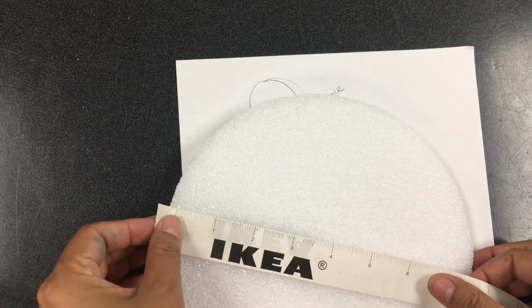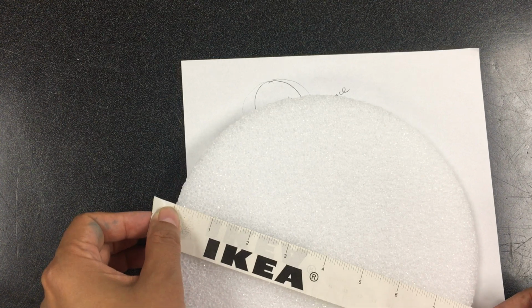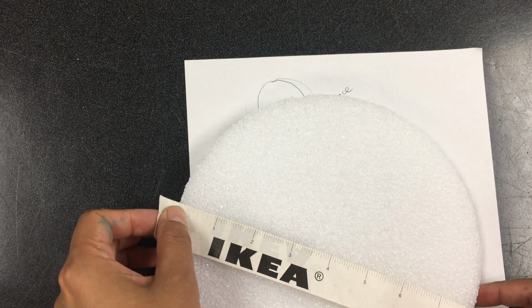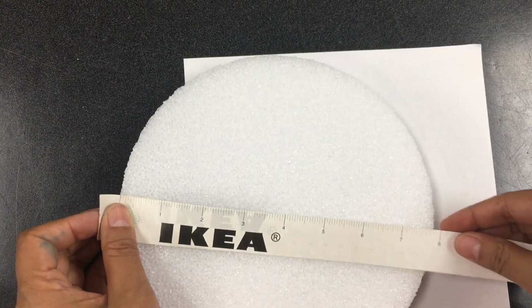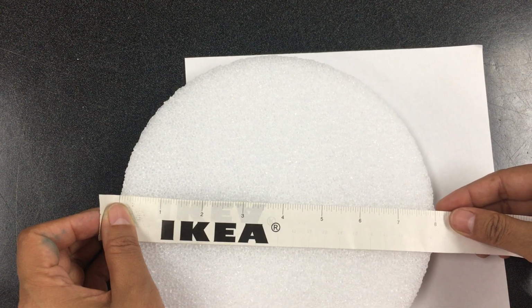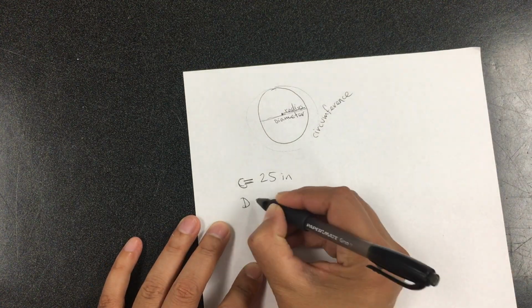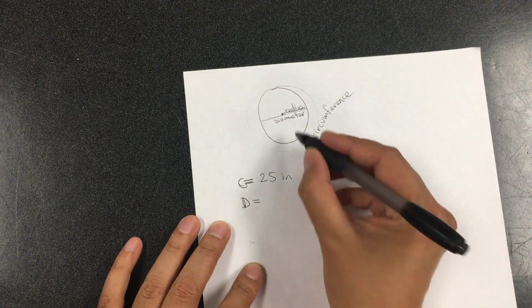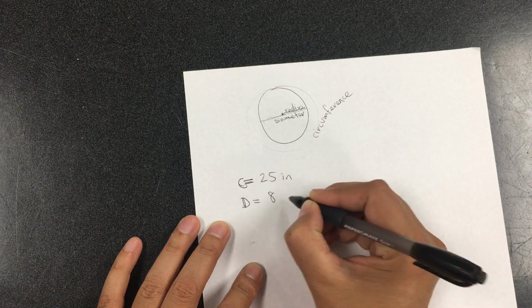And the diameter is going to be the longest distance across the circle. It's a little hard because it's not a perfect edge, but we're going to try our best. It looks like the longest distance is 8 inches. So the diameter, which is from one side to the other of the circle and goes through the center, is 8 inches.